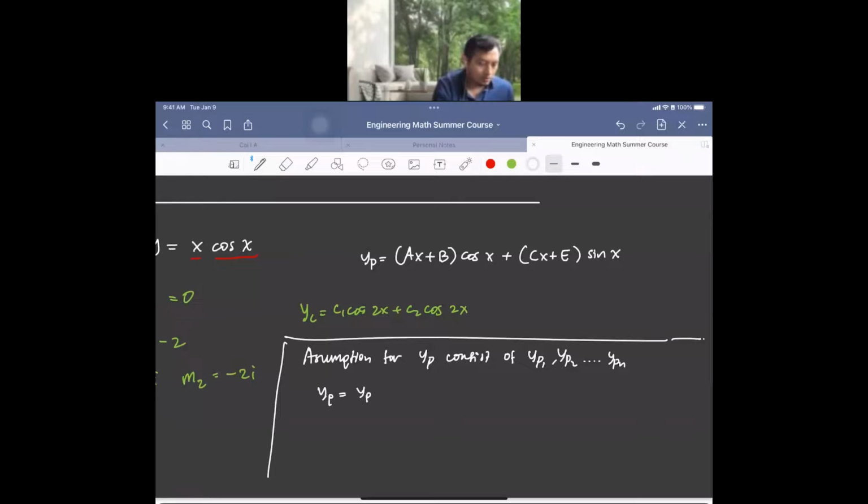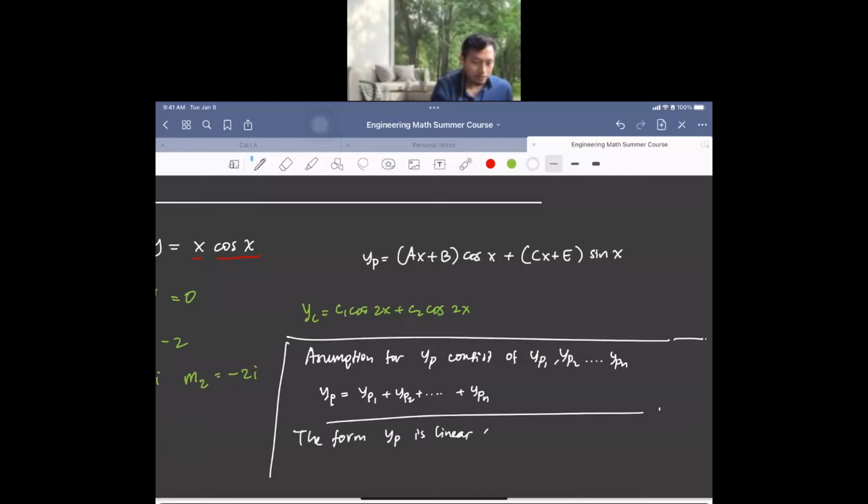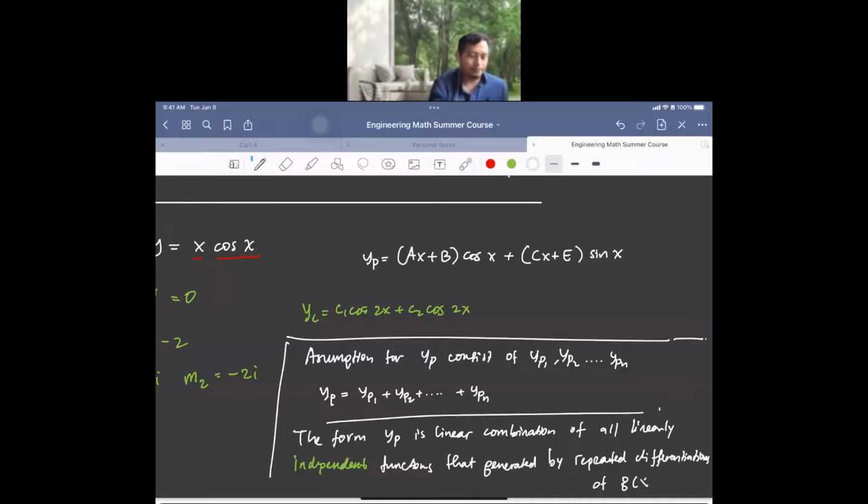According to these relations, the form of yp is a linear combination of all linearly independent functions that are generated by repeated differentiations of g of x. Okay.